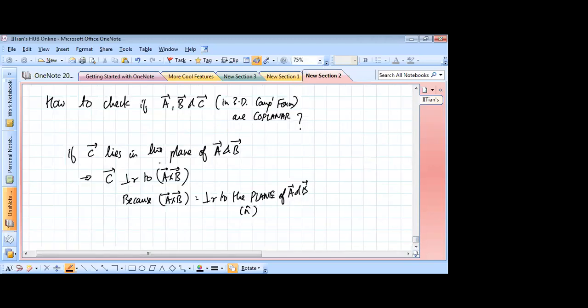If C lies in the plane of A and B, that means what is C's relationship with A cross B? It should be perpendicular. Therefore, C's dot product with A cross B should be how much? Zero. So this is the condition of coplanarity of three vectors.